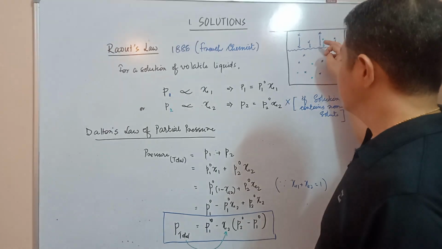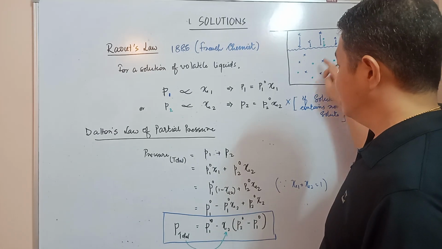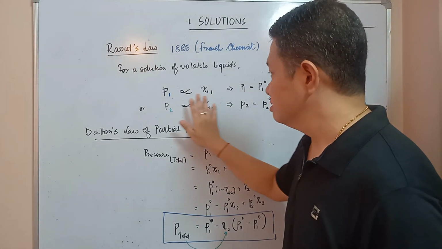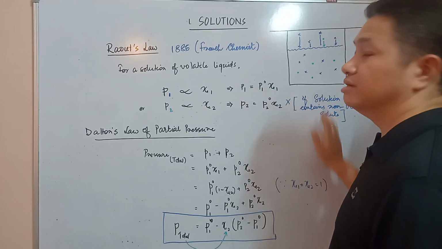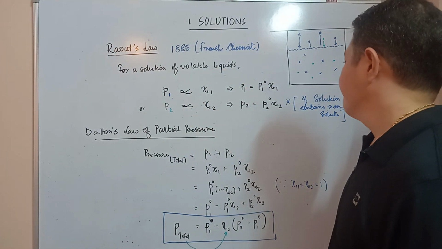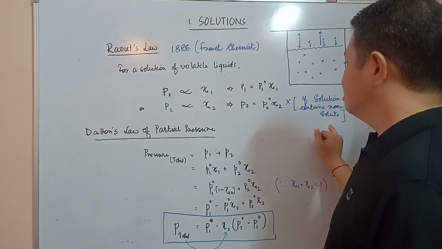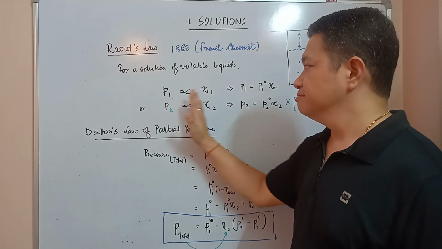Then this will be here inside, and this particular component can be completely ignored. Only this will remain. So if the solution contains a non-volatile solute, then we will ignore this part.